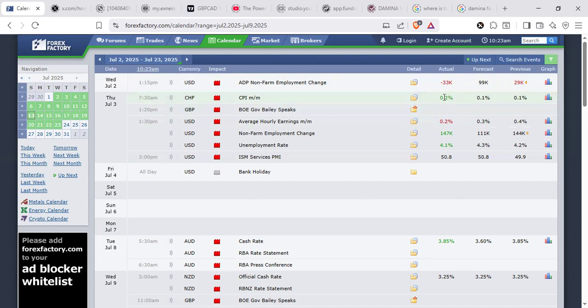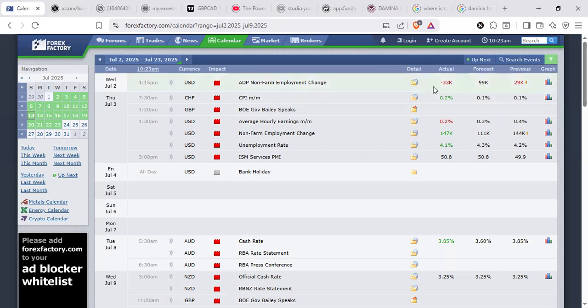So it means that this event is affecting CHF positively, in a good way. It's good for CHF. So CHF is going to buy, right? I hope this makes sense. It's very simple, actually. Red for sell, green for buy. Red is bearish, green is bullish.